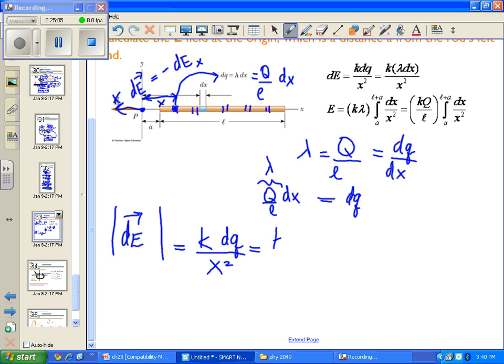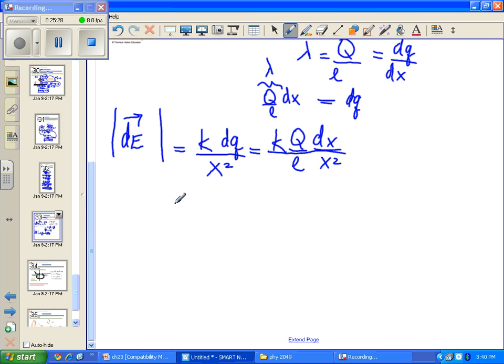I make a substitution now for the quantities that I know. dq equals big Q over L times dx, over x squared. And of course I could just make this one line, it doesn't matter.